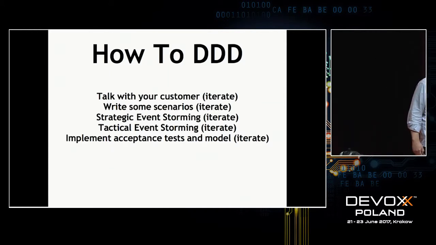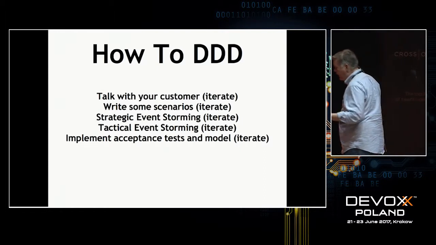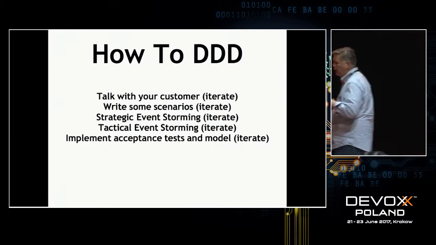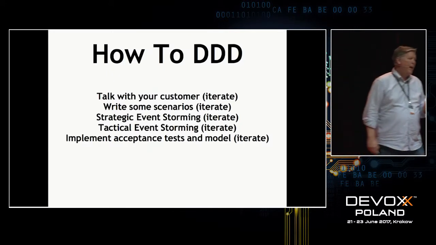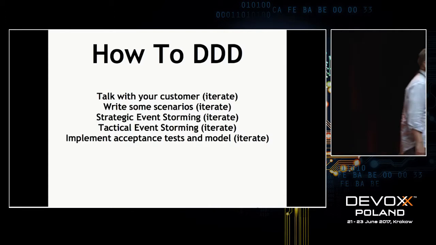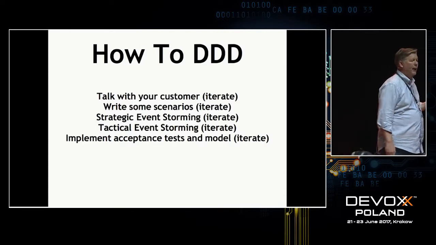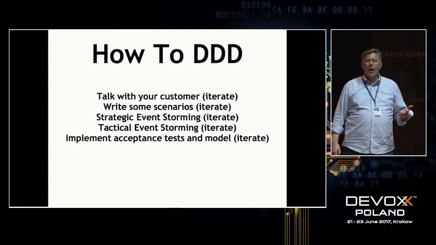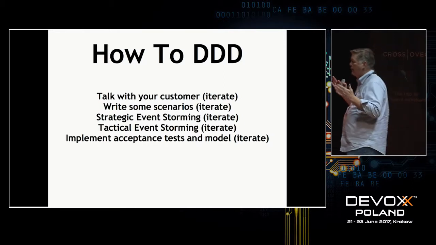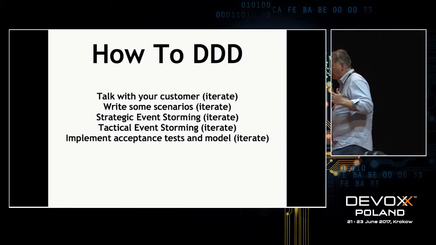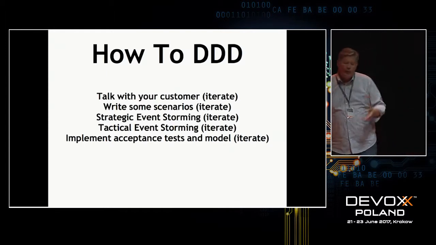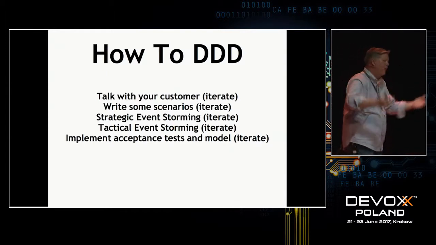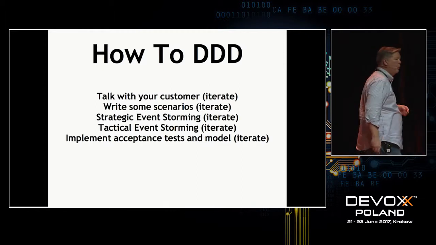And then as we iterate on that, we're getting a deeper and deeper understanding, and then we can go into a tactical level of event storming, which again is iterative, and then finally we are working on implementing acceptance tests and the model code, where we're actually projecting the ubiquitous language right into the domain model. And we're iterating on that as well, and we continue to iterate on all of this, having more and more conversations with the business.